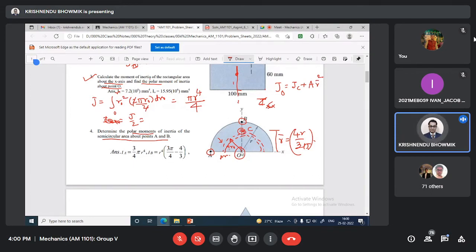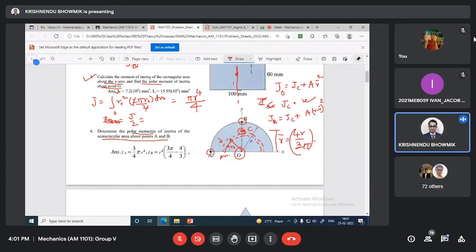So J0 will be Jc plus A r bar squared, where this is the r bar. Then you can calculate this Jc. Similarly, you can calculate Jb equal to Jc plus A multiplied by (r minus r bar) whole squared. Then you can get the Jb value.